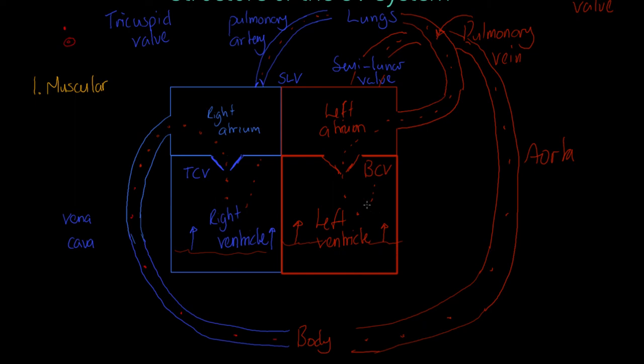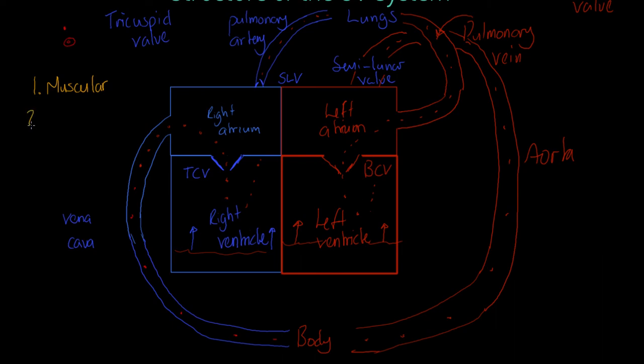Its job is to generate force to mobilize and move this blood. You might want to think about why the left ventricle wall is bigger: it's got to deliver blood to the entire body rather than, for example, the right ventricle that just delivers blood to the lungs, which is literally right next door to the heart. So less force is required compared to the left ventricle.